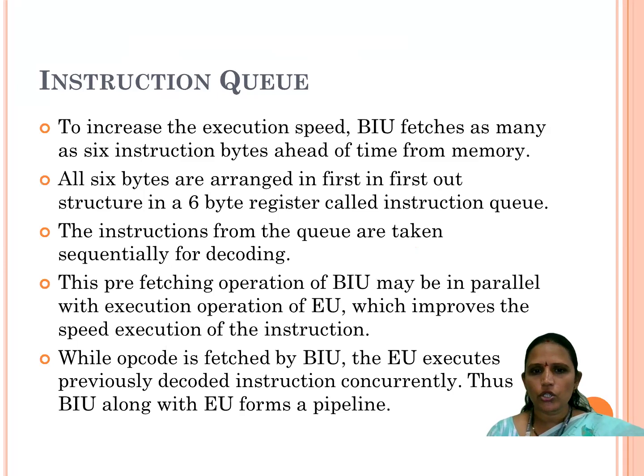This prefetching operation of the bus interface unit may be in parallel with the execution operation of the execution unit, so it improves the execution speed of the instructions. While the opcode is fetched by the bus interface unit, the execution unit concurrently decodes the previously fetched instruction. Thus the bus interface unit along with the execution unit forms a pipeline operation.